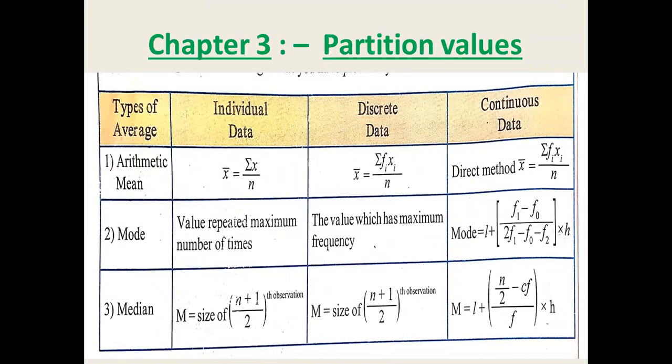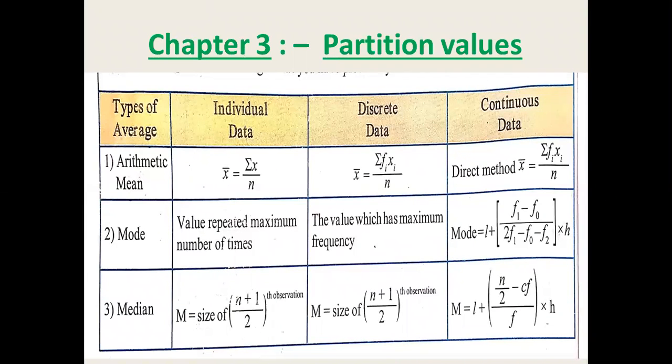See, on your screen I have just discussed the most important part, the types of average. Before we discuss the partition values, you should know which type is important. What are the types of average and which type is important? The first is the arithmetic mean.